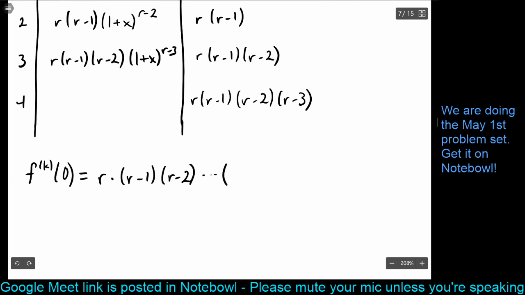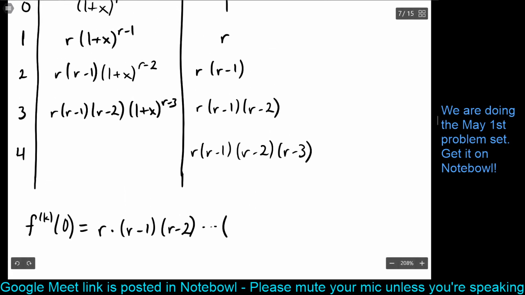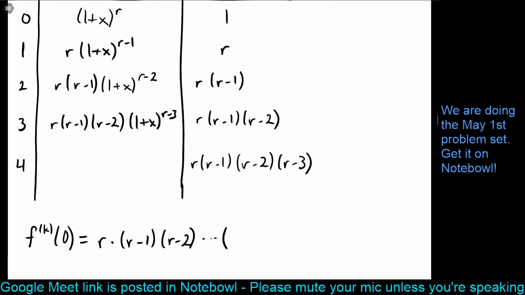Now what does this end at? If we take k derivatives of this, what is the last term going to be? Obviously, it should be R minus something. What do you think?